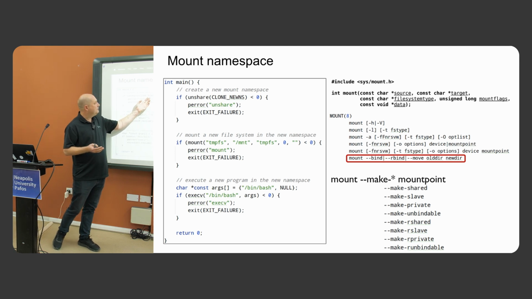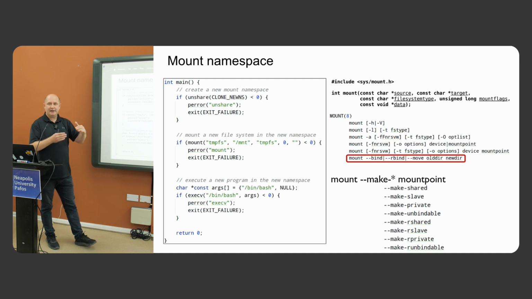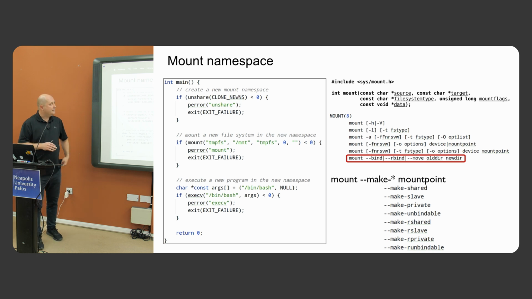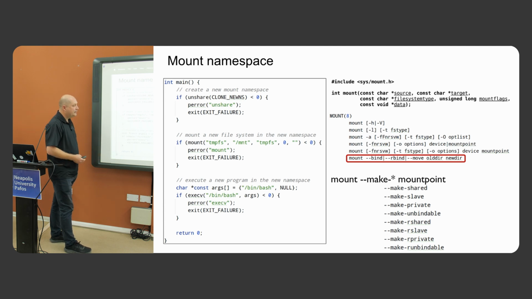I just unshare, and it automatically means that I create a new file system namespace. I can make some changes there, and the parent won't be informed. Yeah, this is how to use it, right?